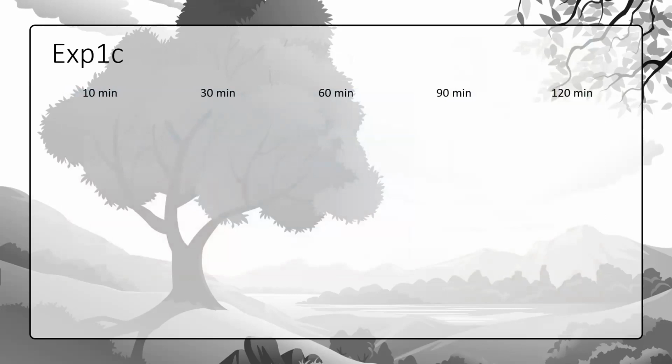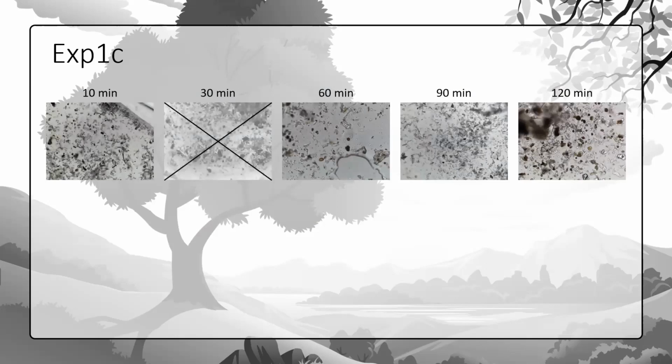And now some results of this collecting. As you can see, the different time points, 10 minutes up to 2 hours in sequence, because I have only one device, so I can't collect at the same spot at the same time. Here are some pictures.